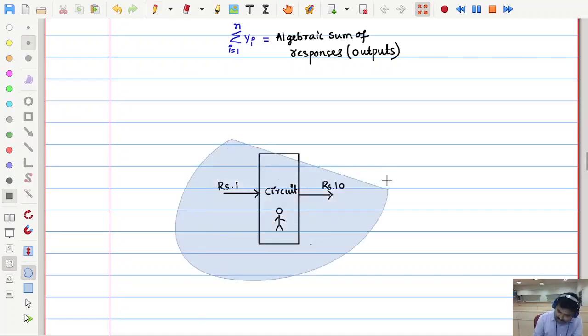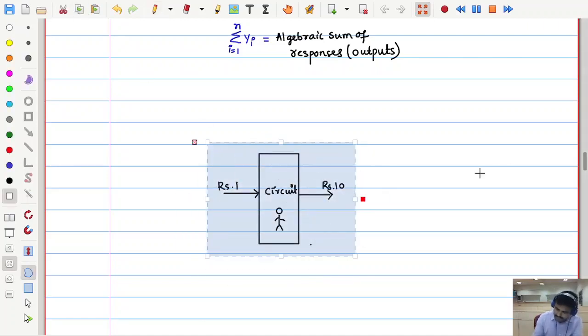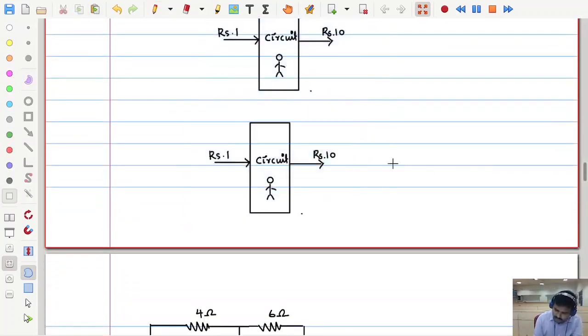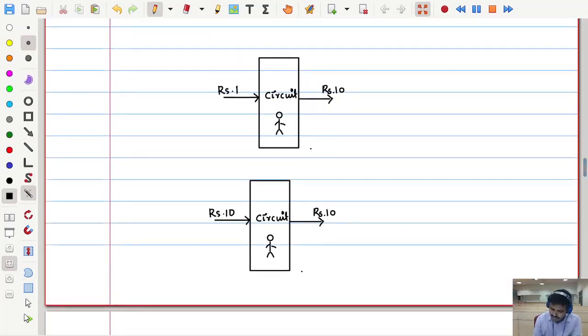And for the same person, if we make the input 10 rupees, let us say the output is 100. This we are calculating.